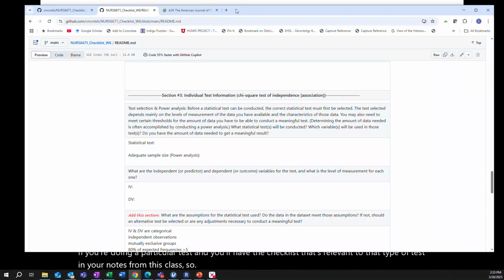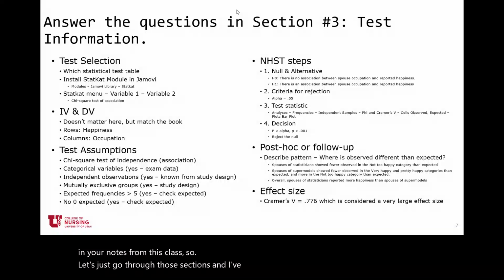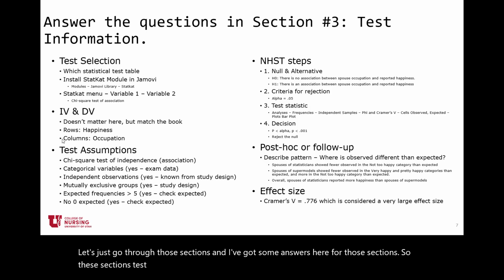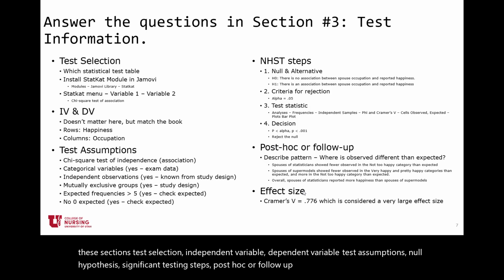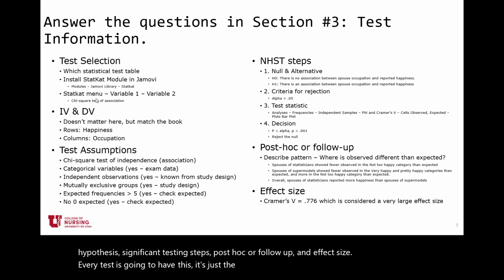Let's go through those sections, and I've got some answers here. These sections are: test selection, independent variable, dependent variable, test assumptions, null hypothesis, significance testing steps, post hoc or follow-up, and effect size. Every test is going to have this. It's just that the details are going to be a little different. So get used to looking at this kind of framework.